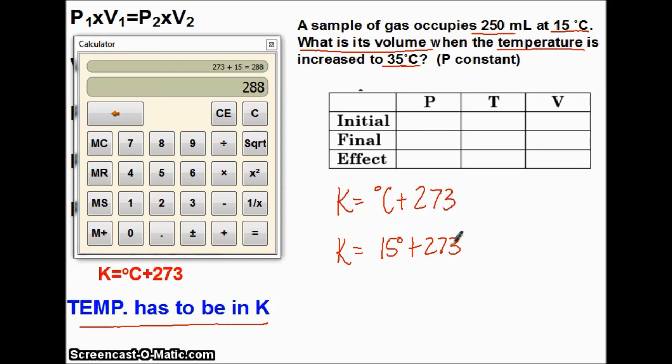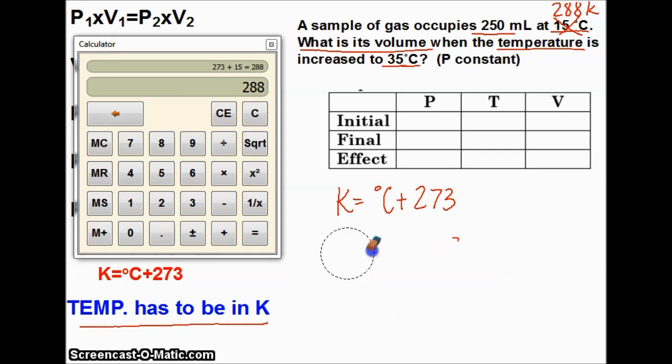You don't need a calculator for this, but I'll just go ahead and show you on the calculator here. We have 273 plus 15 equals, and I have 288 Kelvin equals our 15 degrees Celsius. So instead of 15 degrees Celsius, I want 288 Kelvin.